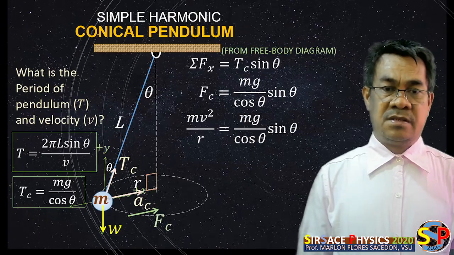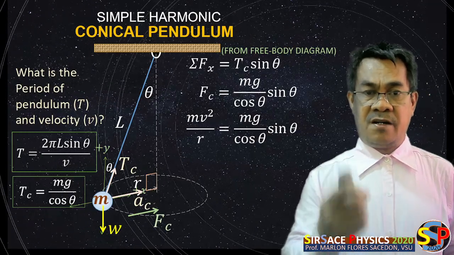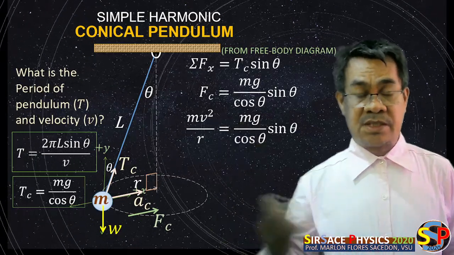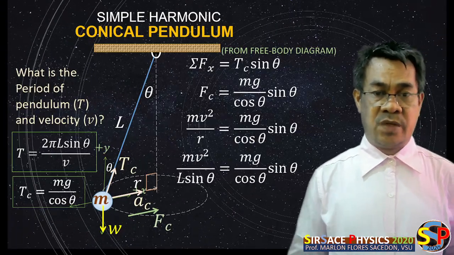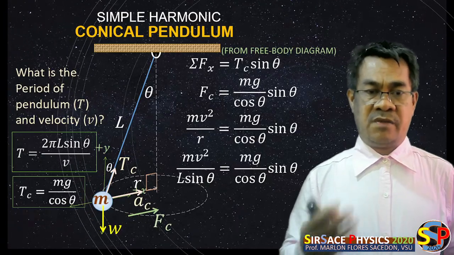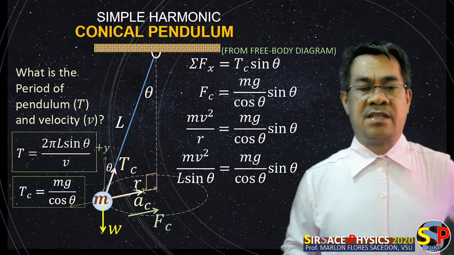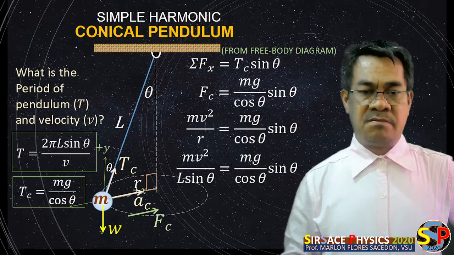Okay, so take note that r is not given, but r is L sine theta in our previous slide again. So replace r with L sine theta, so we come up with this: mv square over L sine theta is equivalent to mg over cosine theta multiplied by sine theta, which means that we can cancel the mass, so mass can be eliminated.